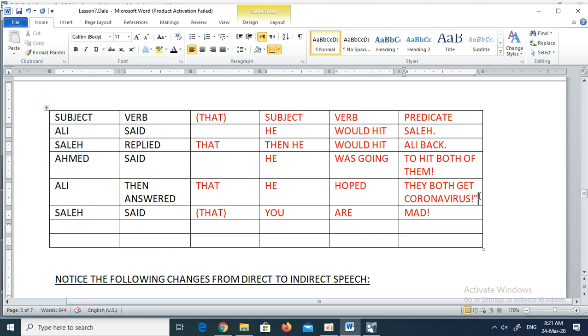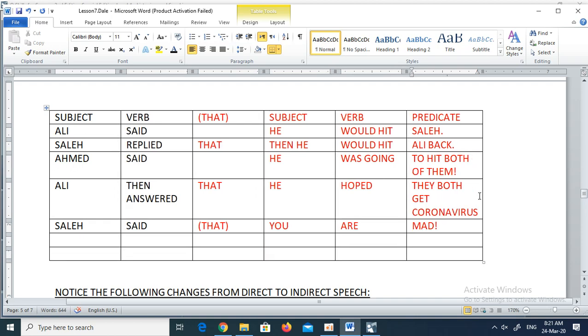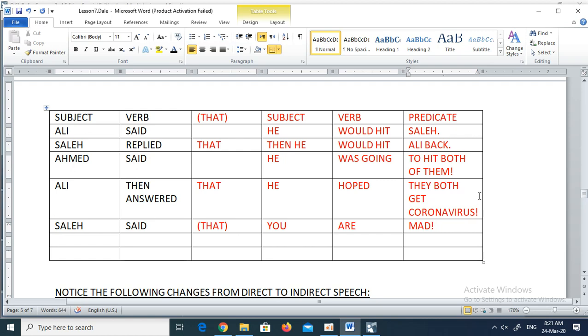And again, because this is not direct speech any longer, you drop those inverted commas. So, if Ali said, "I hope you both get coronavirus," when Ziad comes to me and he tells me what Ali said, he will say, Ali then answered that he hoped they both get coronavirus. The subject changes and the second subject changes, he and they, not I and you, which was the words which Ali used in the direct speech.